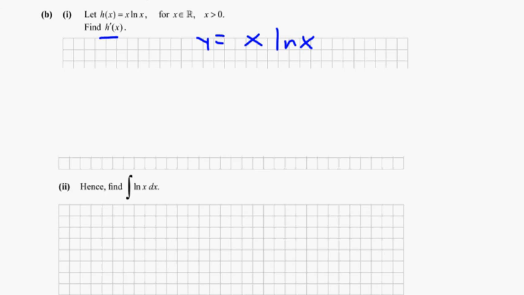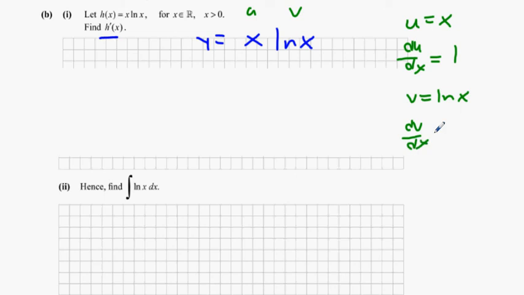What rule am I going to use? Product rule. du/dx equals 1, v is ln x. And what's the derivative of that? Derivative of ln x? You look it up in your tables. It's 1 over x.